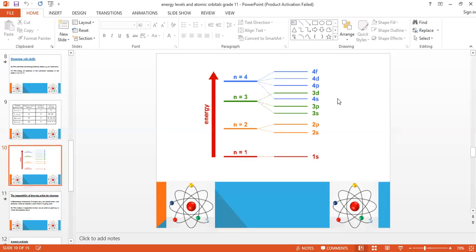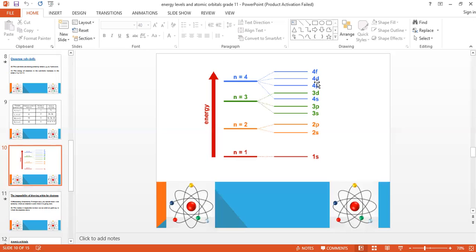Why did they write 4s first as compared to 3d? This is your question. Because 4s has less energy as compared to 3d.